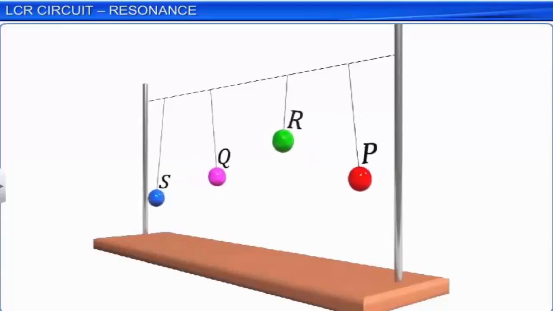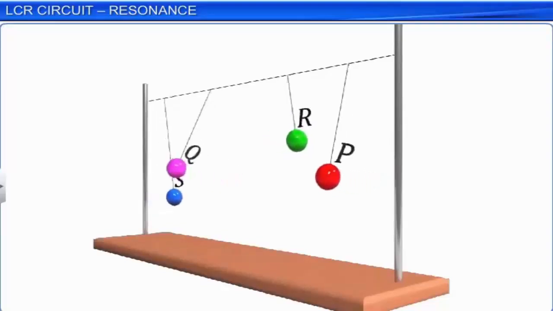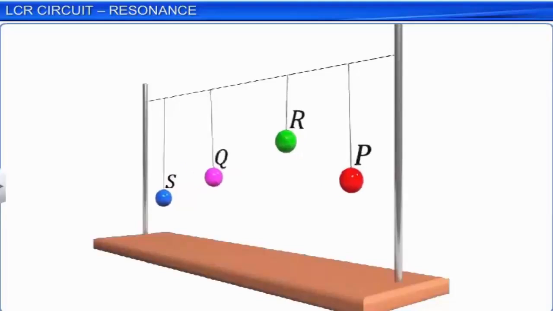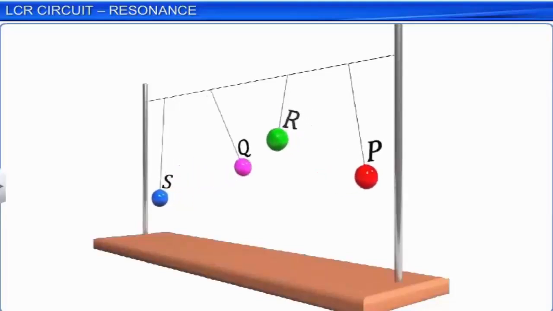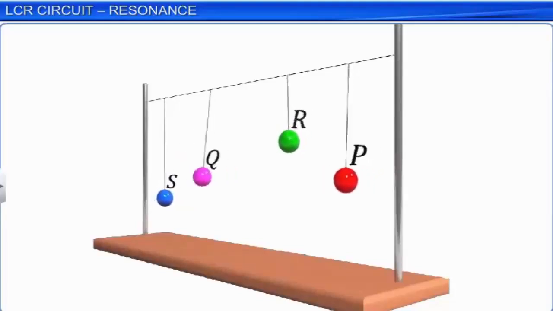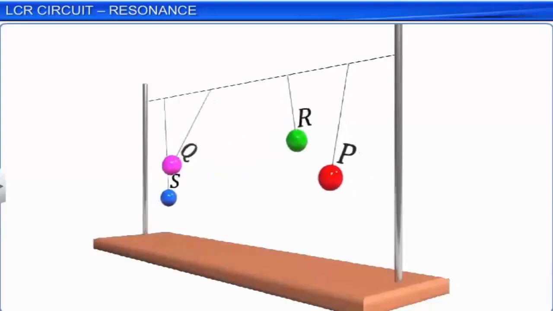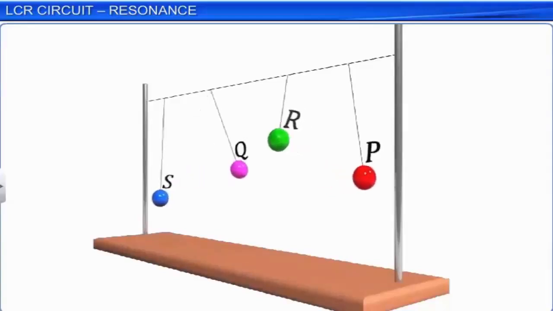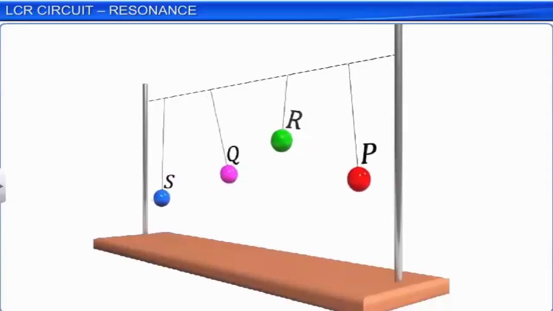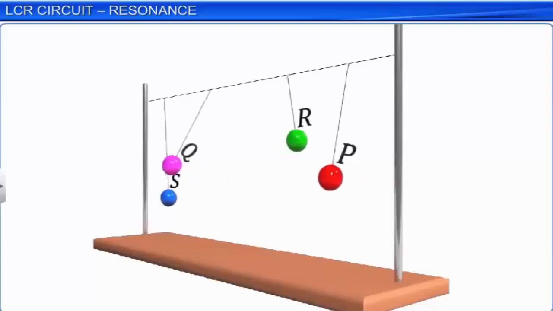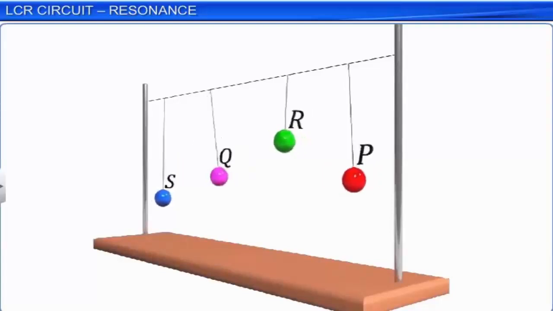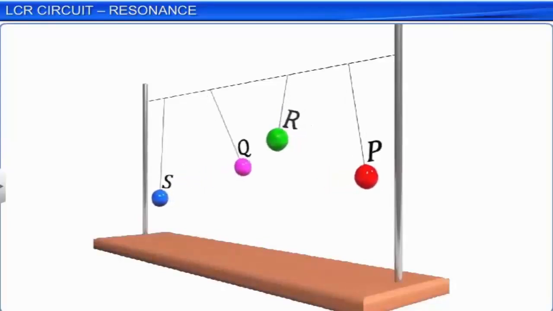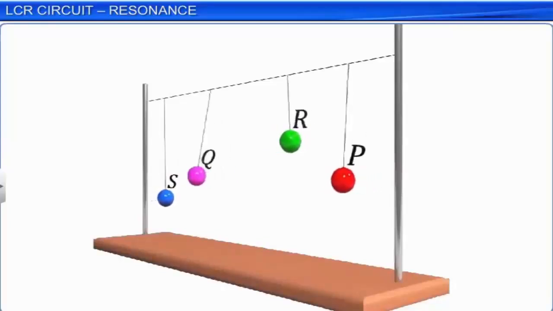Here, the oscillation is due to an external force, which is from the pendulum P. Out of the 3 pendulums Q, R and S, the length of pendulum Q is equal to that of pendulum P. Hence, the natural frequencies of these 2 pendulums are equal, and this gives rise to the situation where the pendulum Q oscillates with increasing amplitude due to resonance.